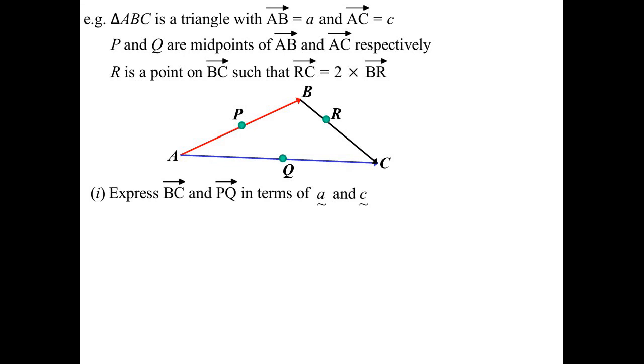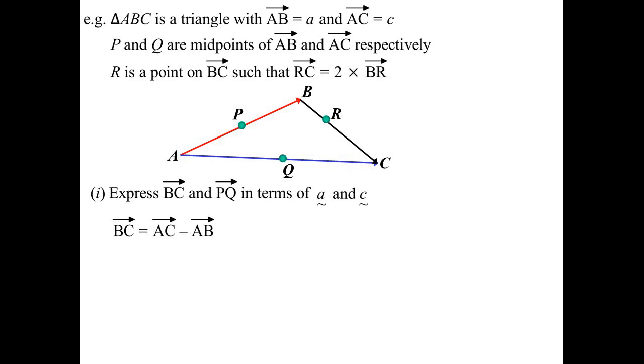So the question is then, BC, how can I get from B to C? I could do it this way. Remember, the only ones I know about are AB and AC at this stage. I could say it's AC minus AB.